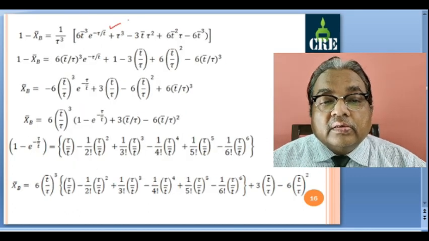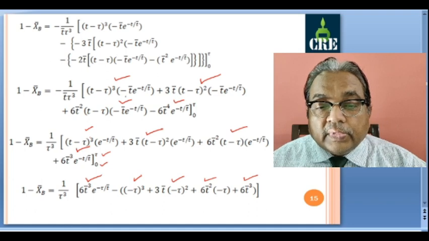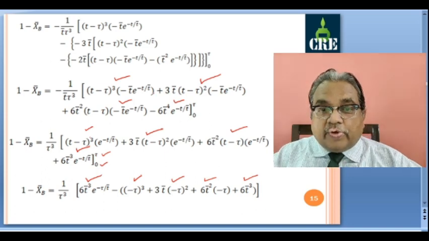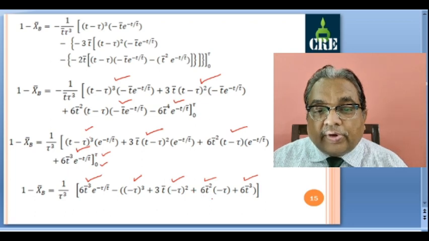So I will get minus sign for this t bar tau whole square. Then here I have the next term 6t bar square.